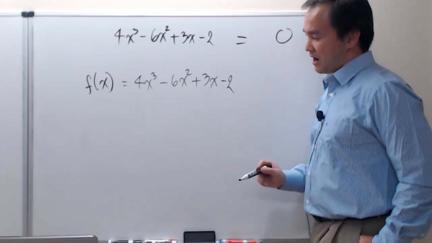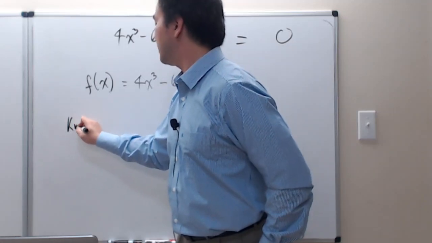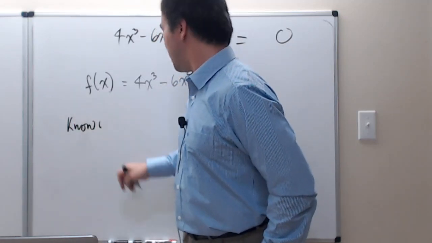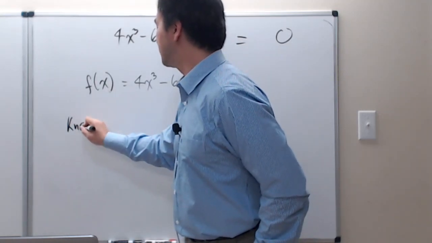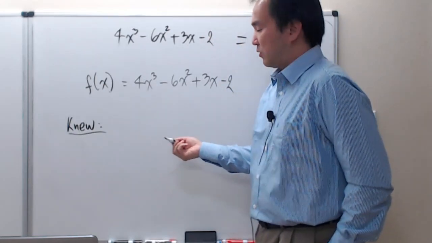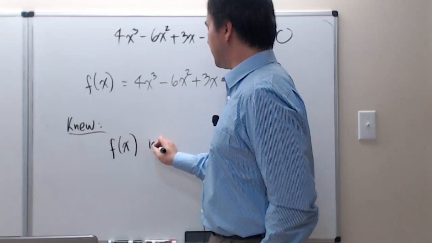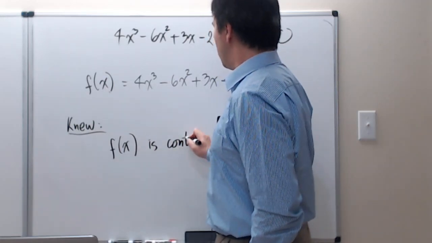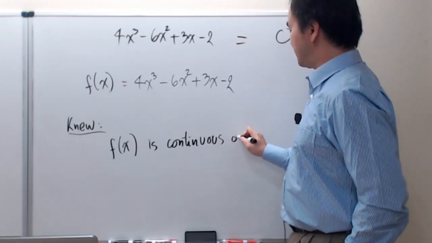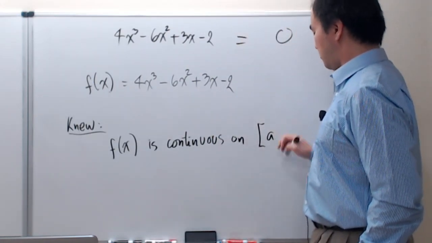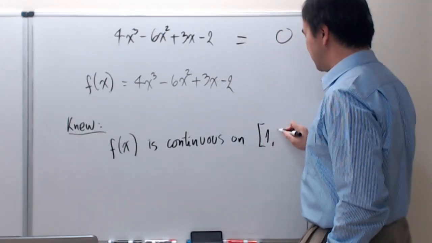And so one thing I know for sure, what we already knew, just the way it is for these functions, is that this function f of x is continuous on the closed interval from 1 to 2.